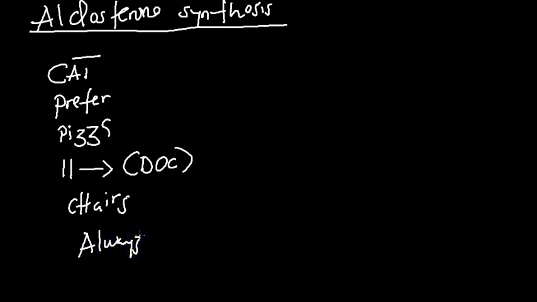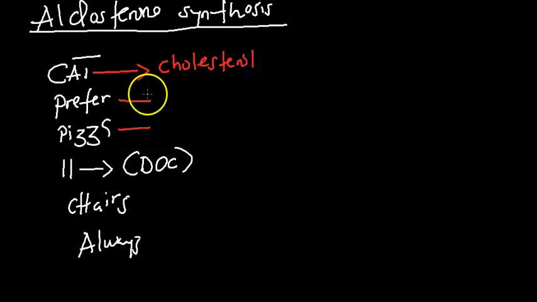This makes sense, right? So notice that the cat simply stands for cholesterol. And here we have 2P. But to make it easier, since we said the goal is to produce aldosterone, if this first one is cholesterol, our last one is simply going to be aldosterone.